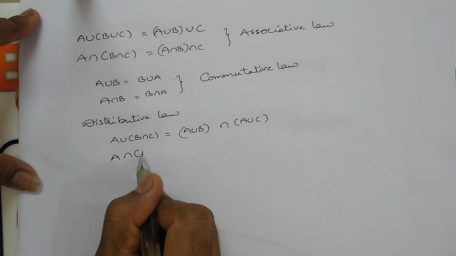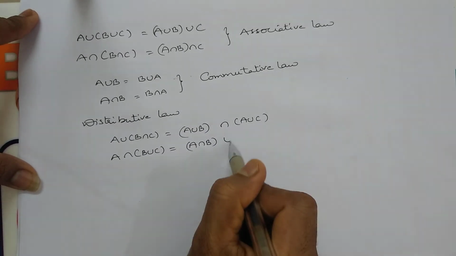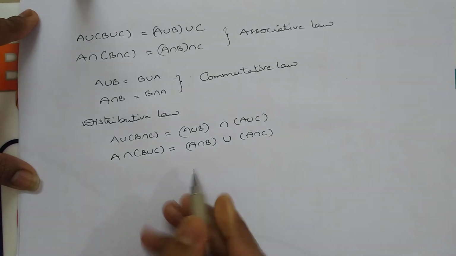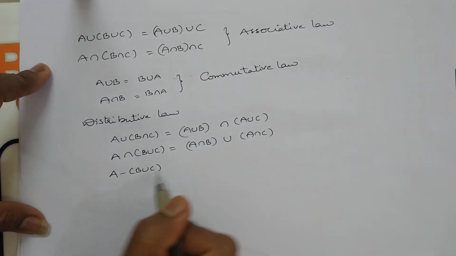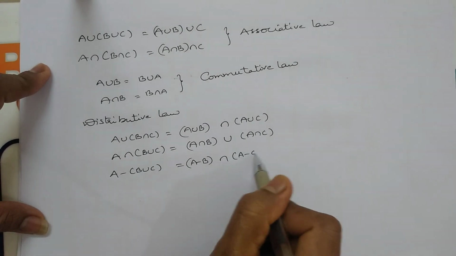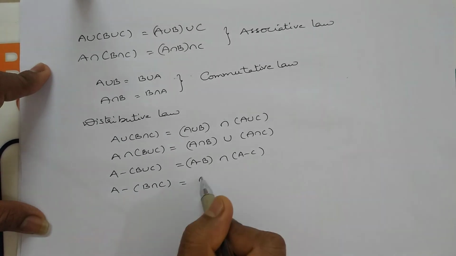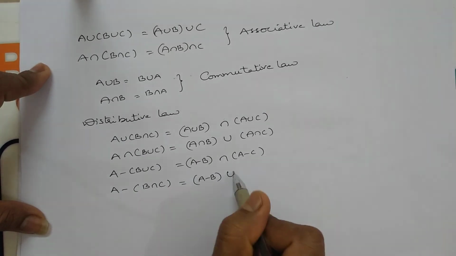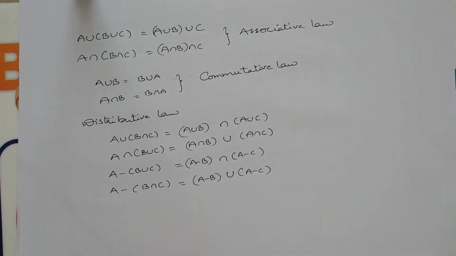A intersection (B union C) is equal to (A intersection B) union (A intersection C). A minus (B union C) is equal to (A minus B) intersection (A minus C). A minus (B intersection C) is equal to (A minus B) union (A minus C). We can write like this.